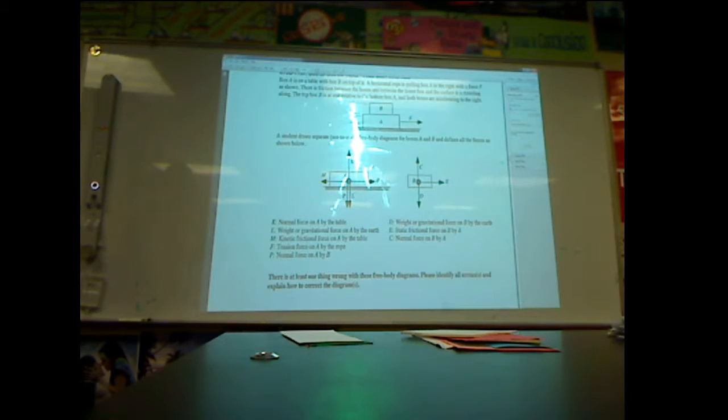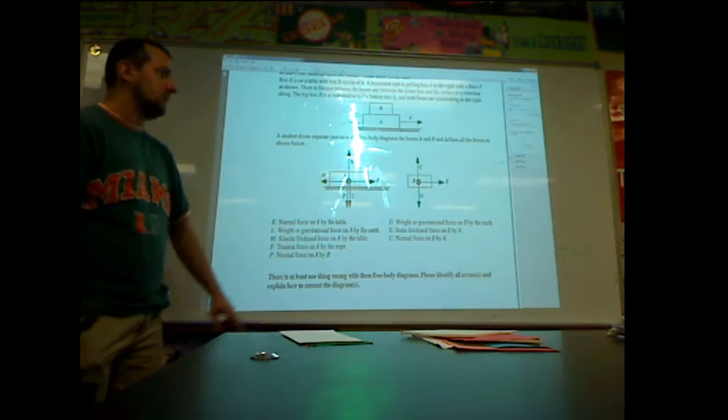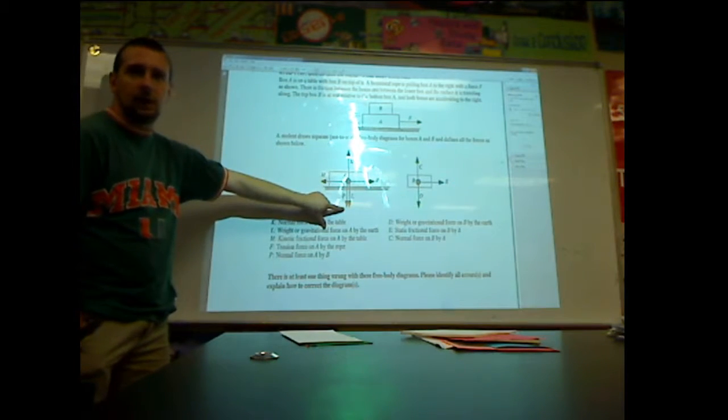A is accelerating. Because it also has to include B, doesn't it? For the normal force. Well, it doesn't say that K is not equal to A plus B's weight. Normal force on A by B. He has that pointing down.